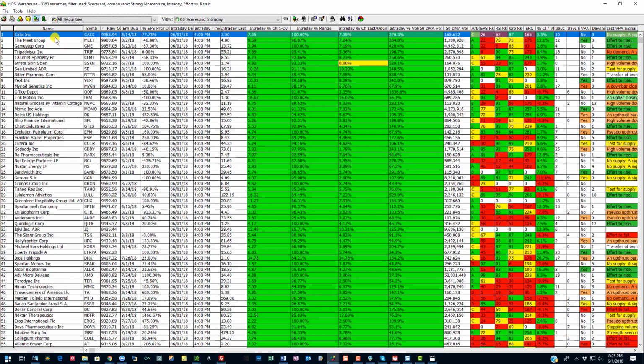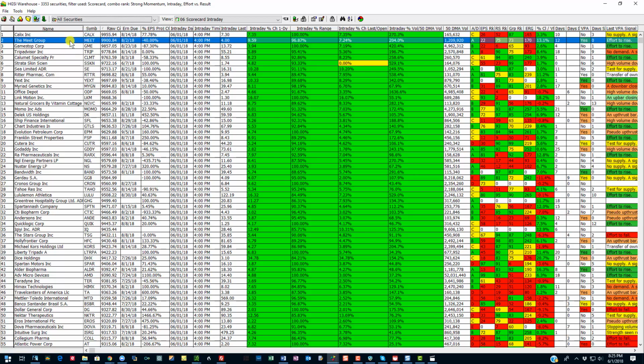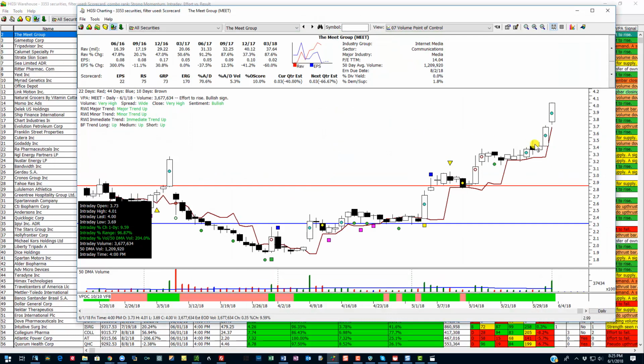But Calix ended up on top. Meat is a stock that I talked about in the webinar. It's a stock that I'm in. Got in yesterday. I'll just bring it up. And I review this in the video itself or during the webinar, so I'm not going to talk about it, but it did close at its high, as you can see.